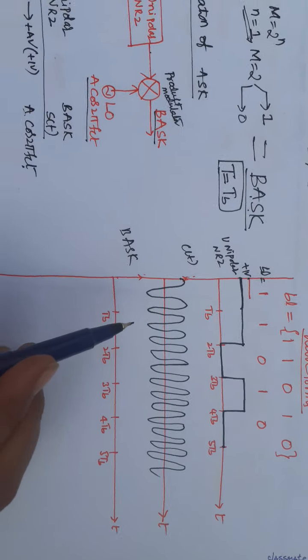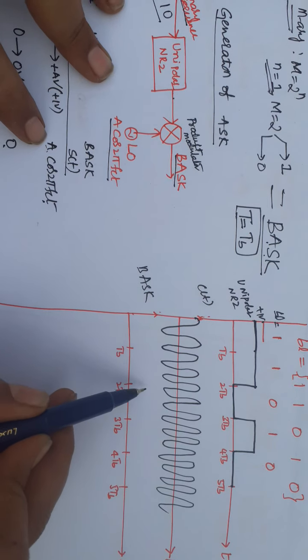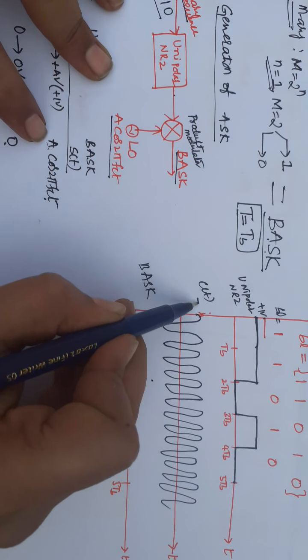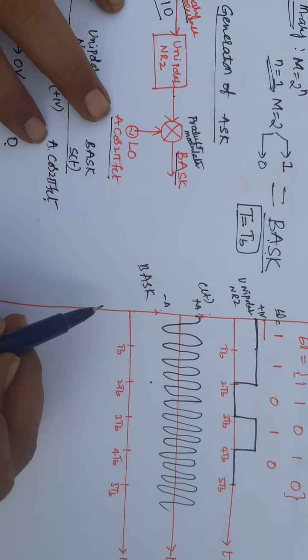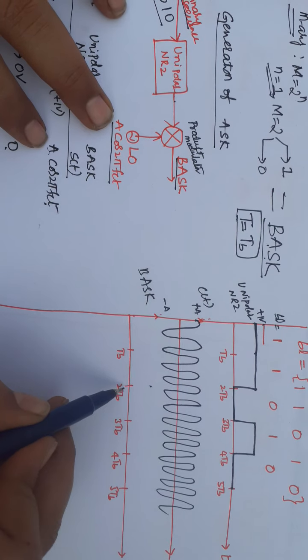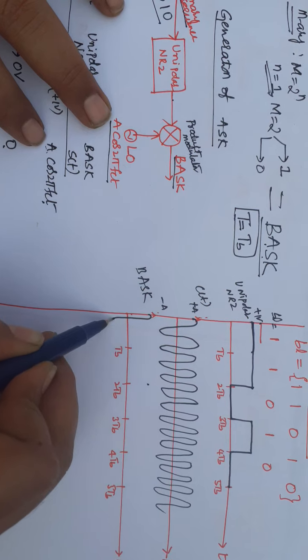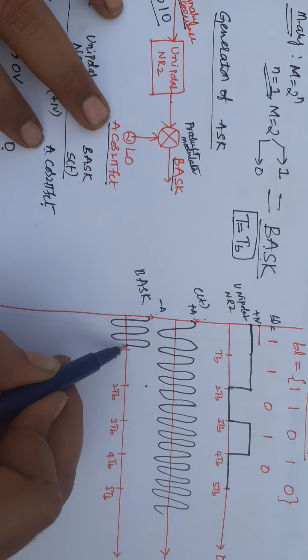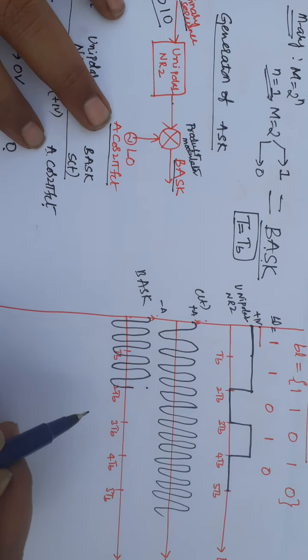Here in this case we find two ones. So up to this point the carrier signal amplitude is A, right? For up to 2 Tb duration I am getting the same signal, right?